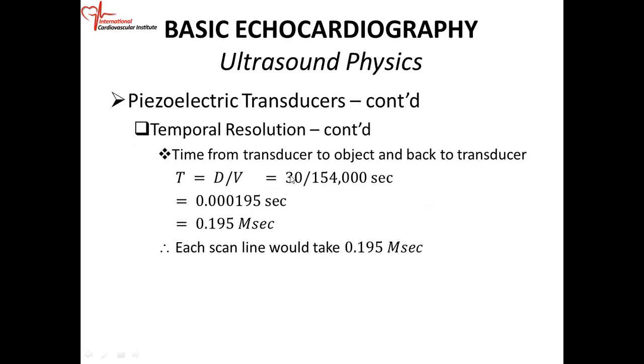And the total distance the ultrasound beam is going to travel is 30 centimeters. This is the speed if we convert it to centimeters per second. So it's going to take 0.000195 seconds, or 0.195 milliseconds, for the ultrasound beam to travel to the structure and back to the probe.